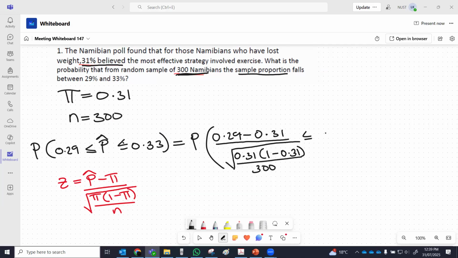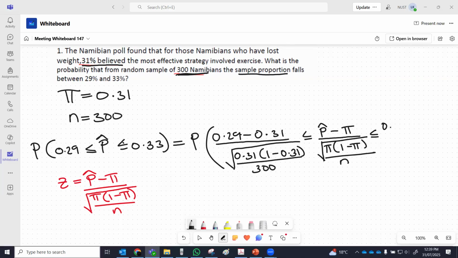And then here in the middle, we have P hat minus pi, divided by the square root of pi, 1 minus pi, divided by n. And then we do the same thing on the right.